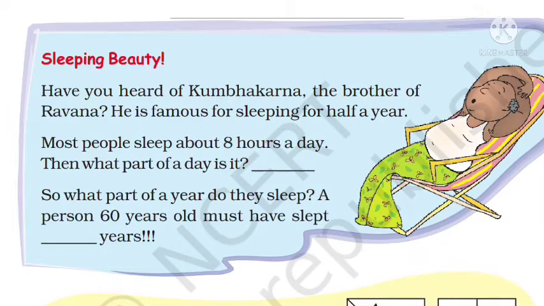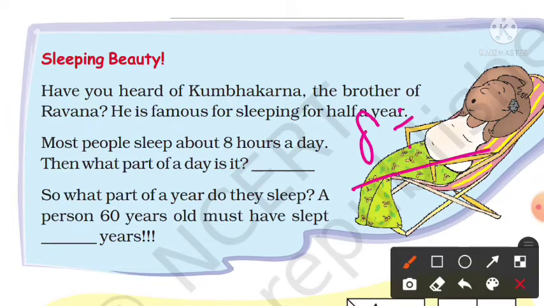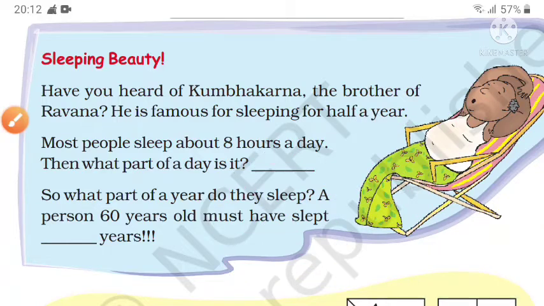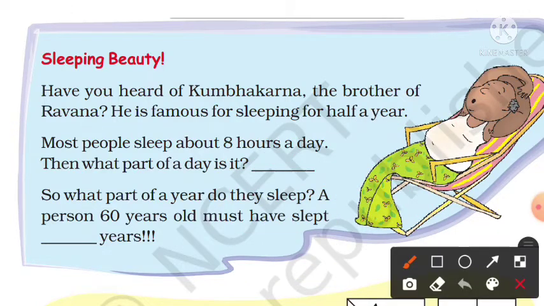If we divide numerator and denominator by 8, we will get 1/3. So most people sleep about 8 hours a day, and the part will be 1/3. Next, what part of a year do they sleep? A person 60 years old must have slept dash years.